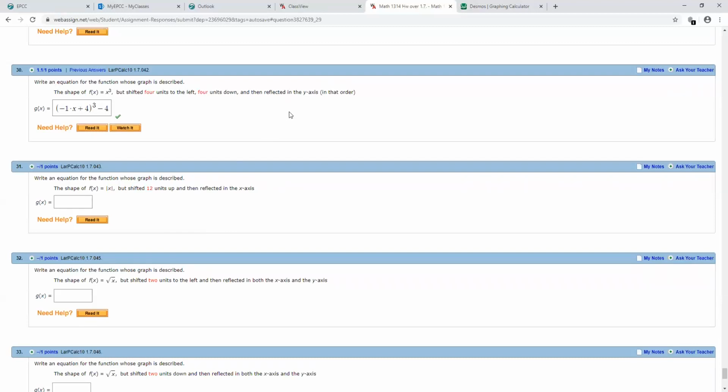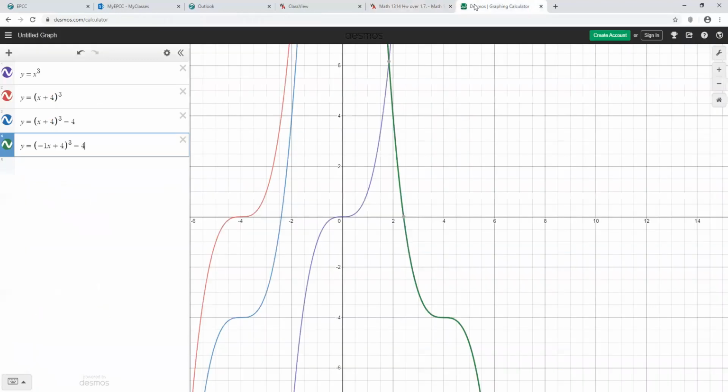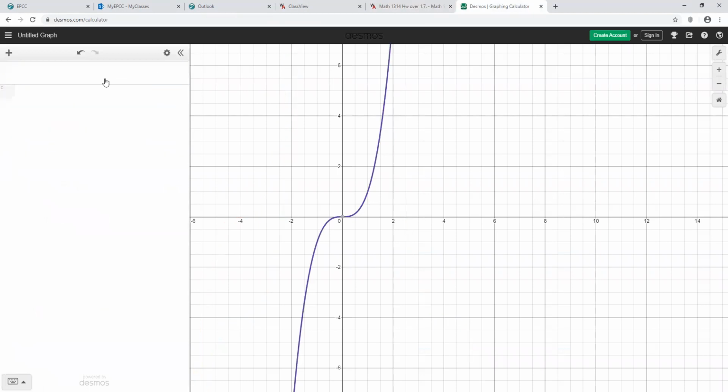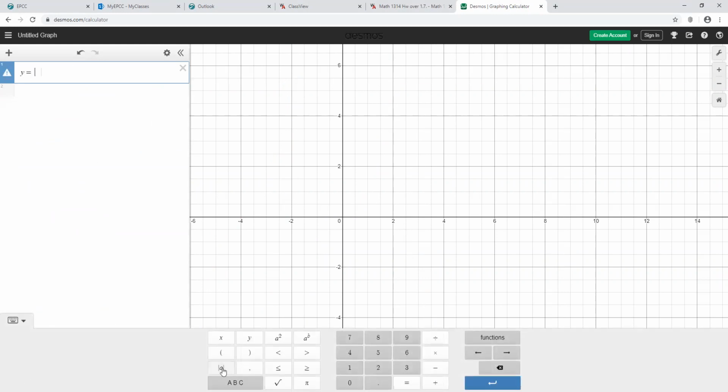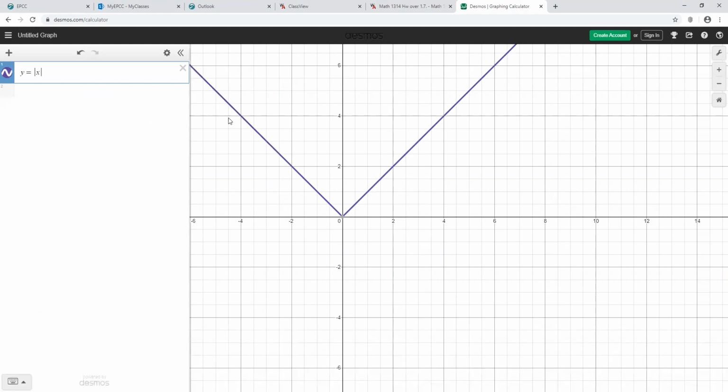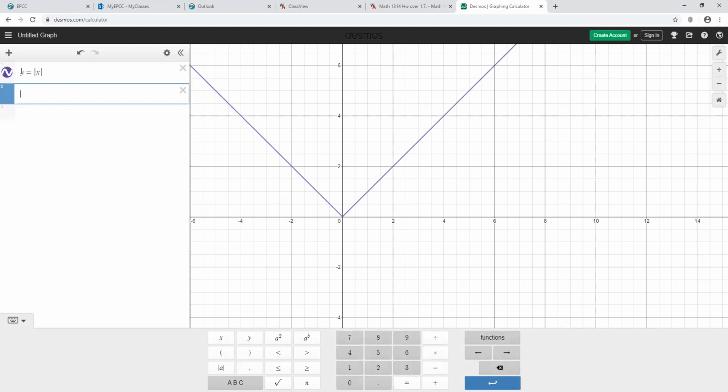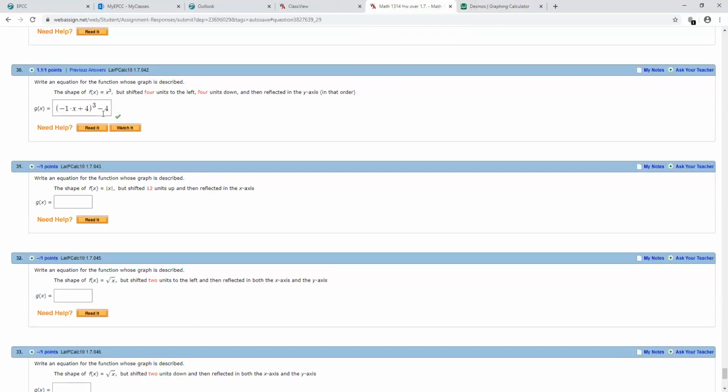So I'm gonna go back to Desmos, clear this out. We're gonna take the absolute value graph and do what to it, Megan? It said shifted what? 12 units up. And so that tells us that this is supposed to be first, huh?